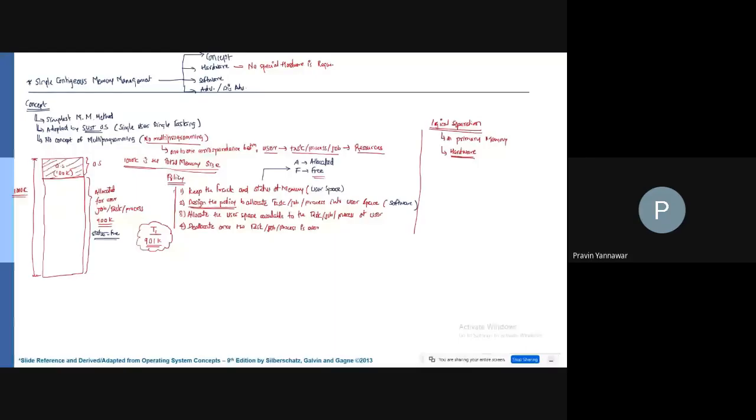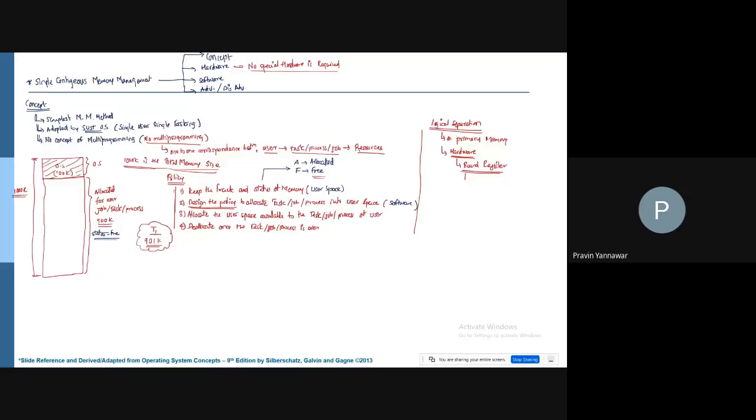Only the hardware which we require is called the bound register. So bound register decides boundaries. Boundaries of what?